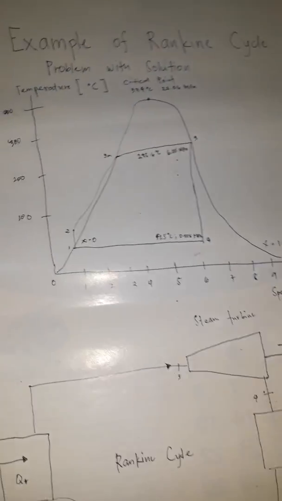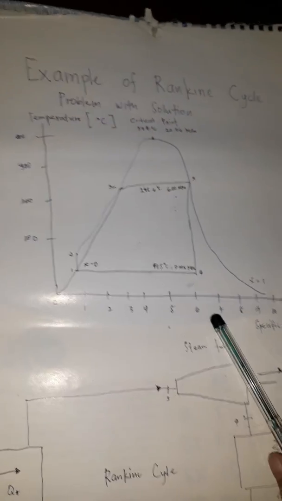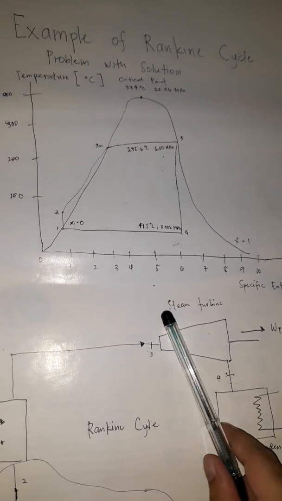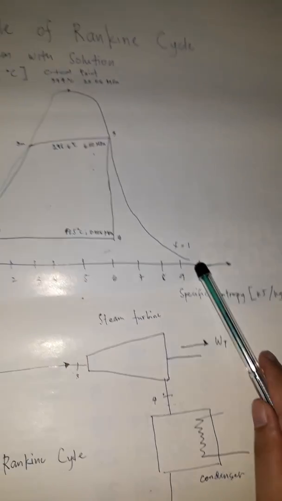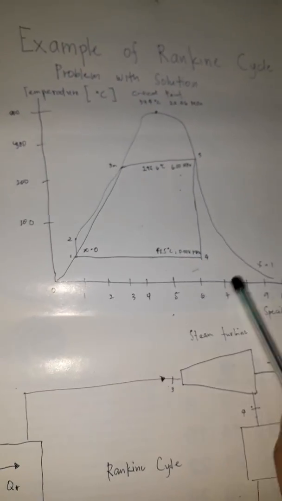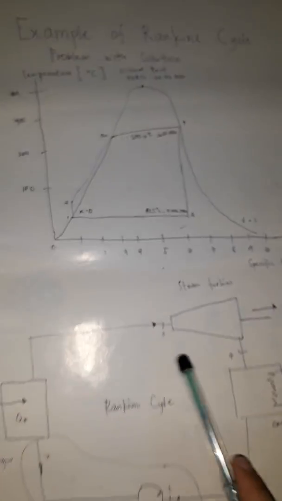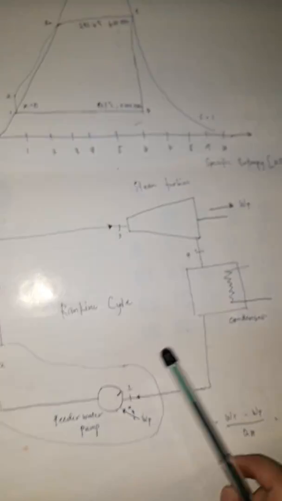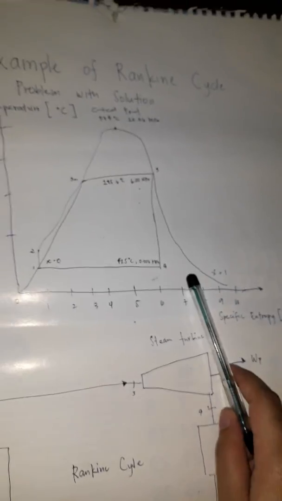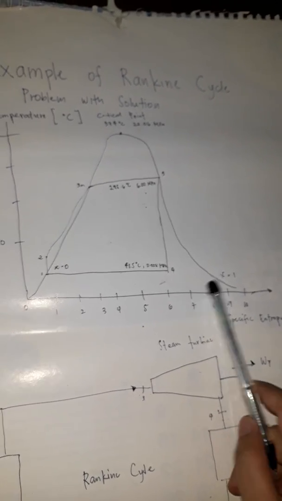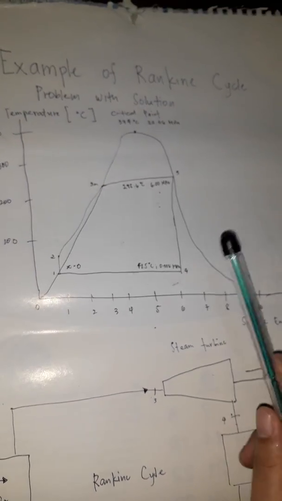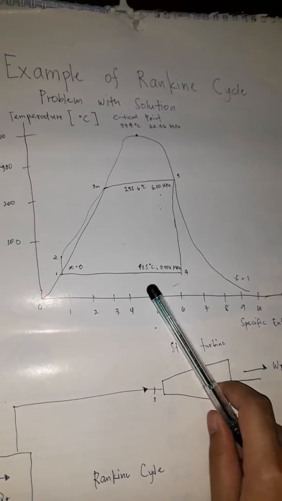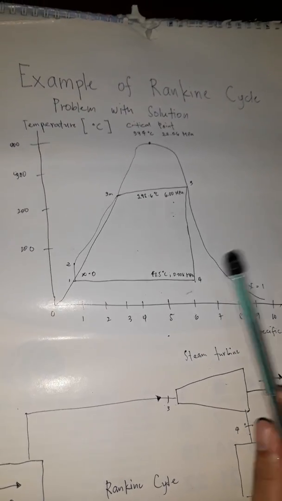The specific entropy of saturated liquid water, x equal to 0, and of dry steam, x equal to 1, can be picked from the steam table. In the case of wet steam, the actual entropy can be calculated with the vapor quality x and the specific entropies of the saturated liquid water and dry steam.